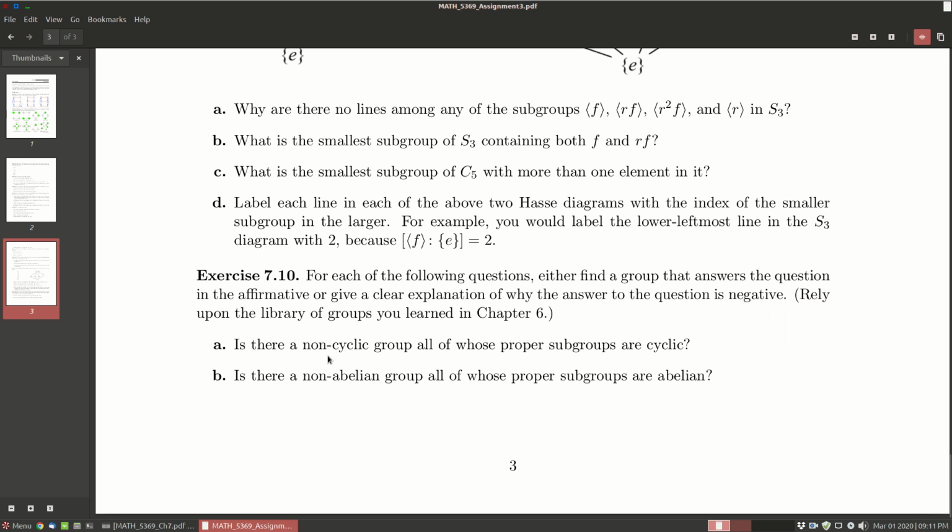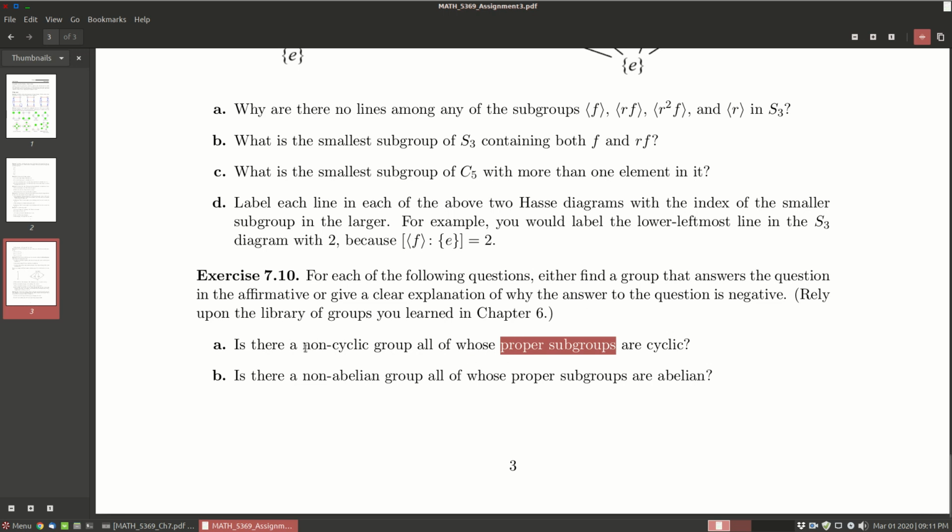So is there a non-cyclic group for which all of its proper subgroups are cyclic? So what do I mean? You have a non-cyclic group, so it's not one of the cyclic groups. The proper subgroups, meaning anything that's not the identity or the entire group itself.